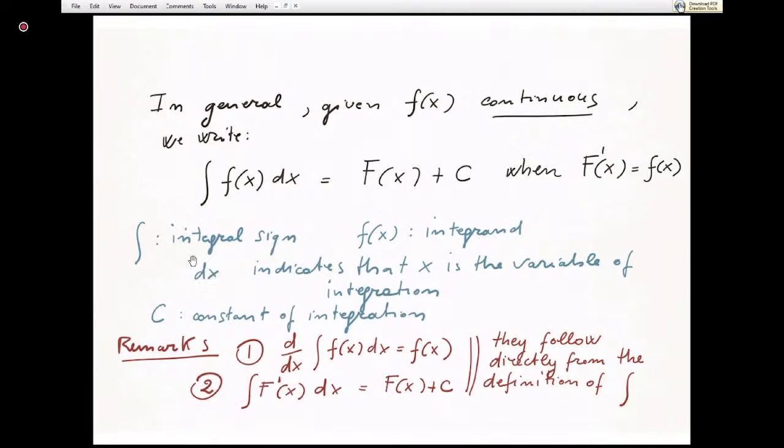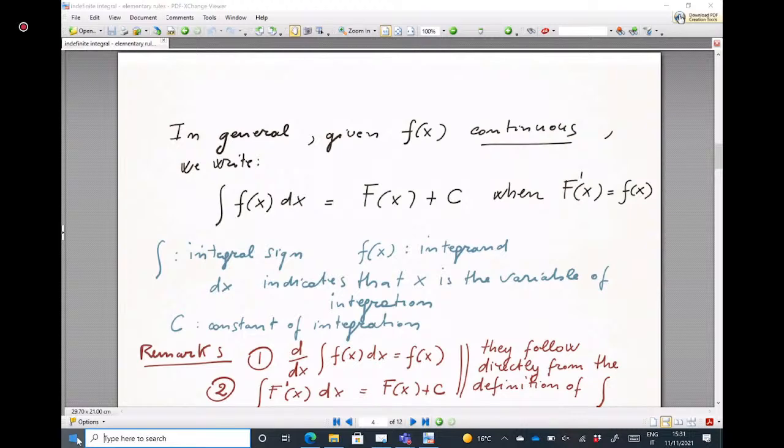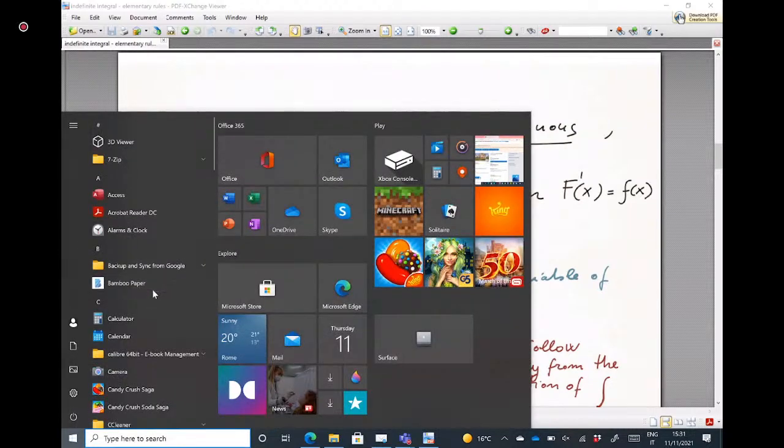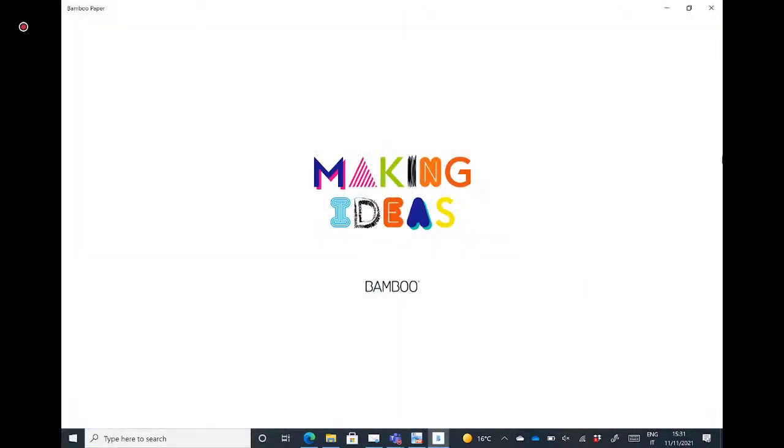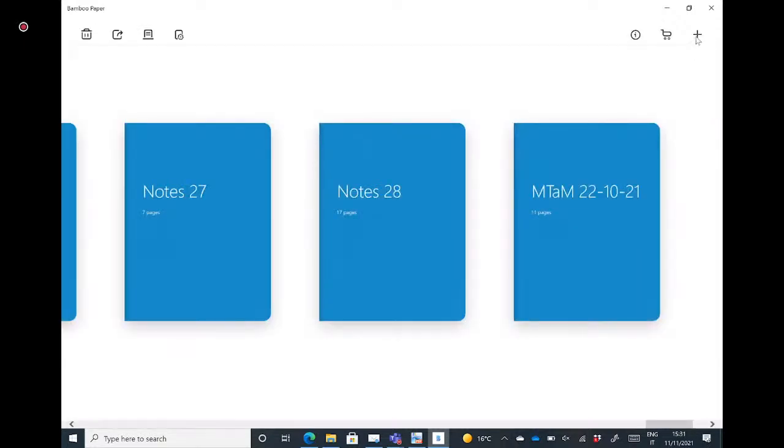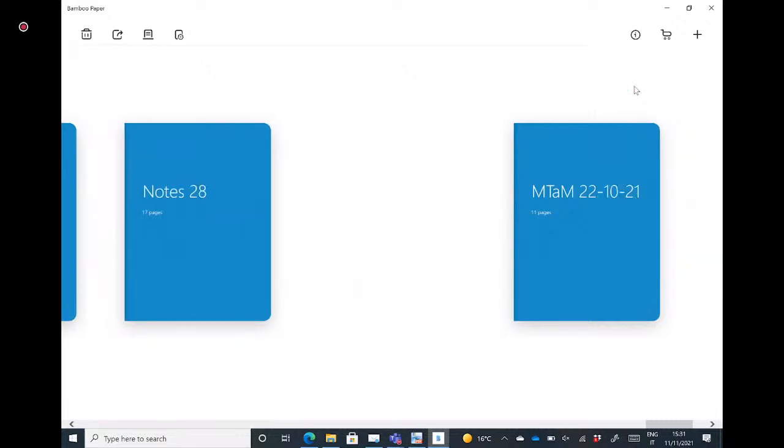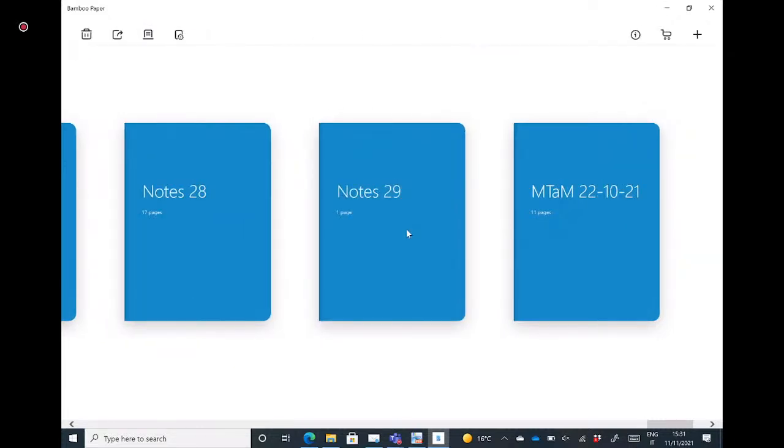Dx, which has the same notation as the differential of x, indicates that x is the variable of integration. This is just a matter of notation here. But in other texts, you may find expressions like this. Let me just write this for you, because you may find this notation, and it is just a very simple conceptual matter.